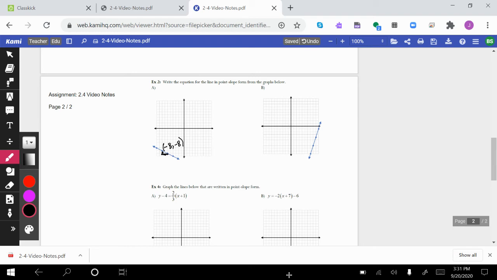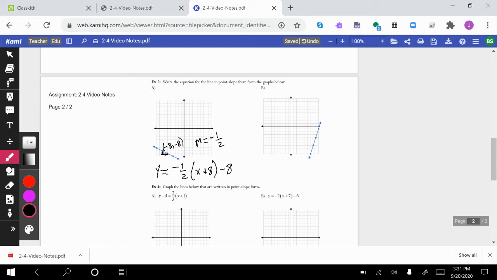So we know our slope is -1/2. And we know our ordered pair is -8, -8. And so we just plug that information in, right? y equals our slope of -1/2, in parentheses, x minus -8, which becomes +8, right? Because that's our x1 value, minus 8, which is our y value, okay?